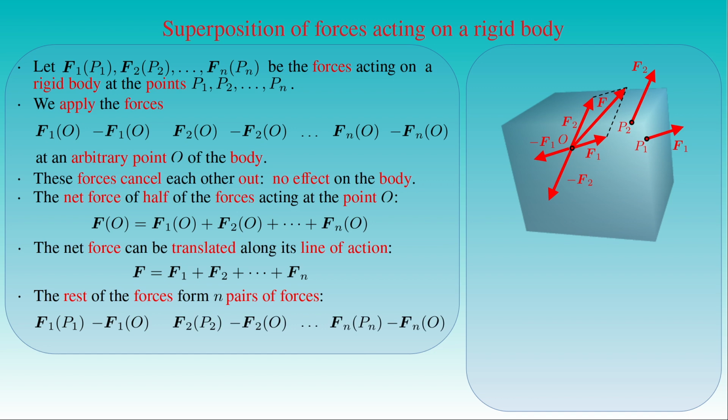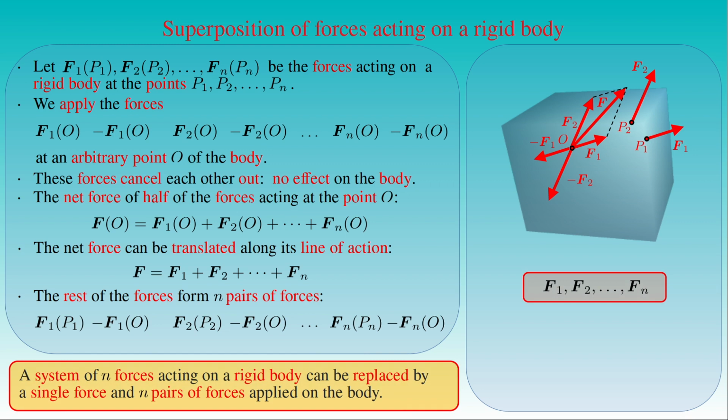As a result, we replace the system of forces acting on the body with a single force and n pairs of forces. This procedure does not simplify the system of forces applied on a rigid body, but we will prove that the pairs of forces acting on the body can be reduced to a single pair of forces, and in turn, a general system of forces can be reduced to a single force and a single pair of forces.